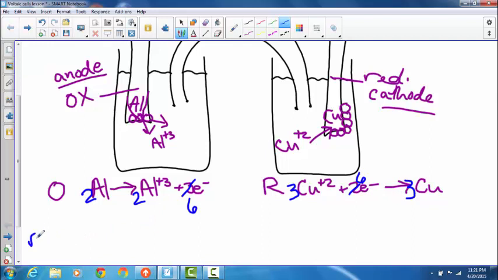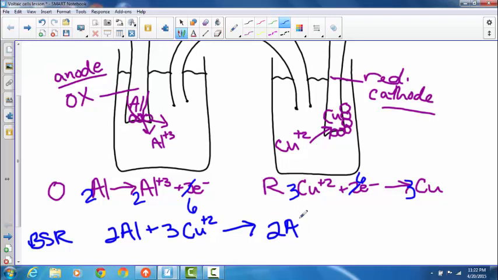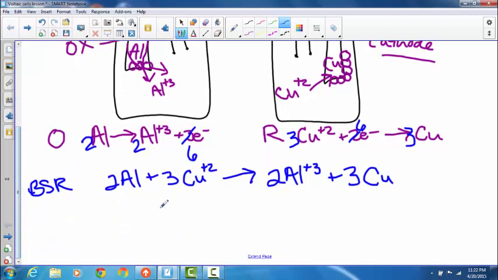So my balanced skeletal reaction would be 2 aluminums plus 3 Cu+2 ions forms 2 Al+3 plus 3 copper. There it is. I have a total of 6 positive charges on the left and 6 positive charges on the right. So the charges are equal. 2 aluminums, 3 coppers, 3 coppers.